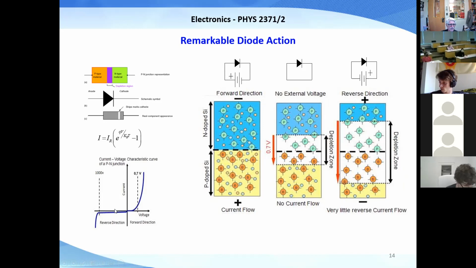So that's why you get this part on the left of the IV curve, that there's almost no current flowing in the reverse direction, only in the forward direction. Okay, so that's the crux of how this diode action works: you're filling up again the depletion region, the insulating region.